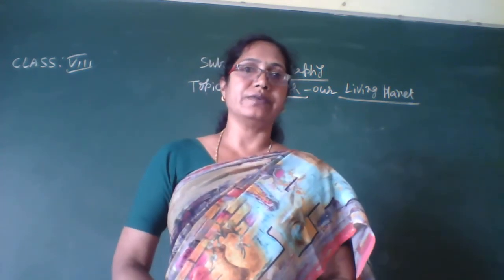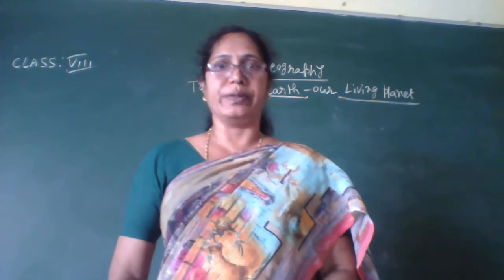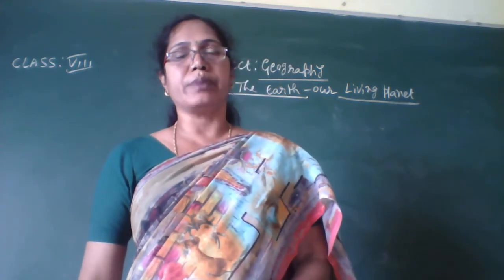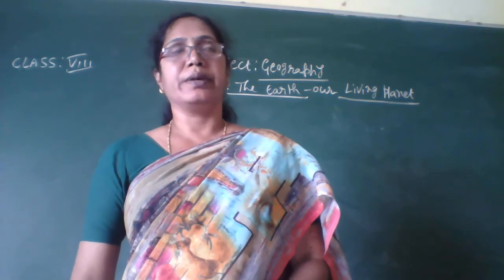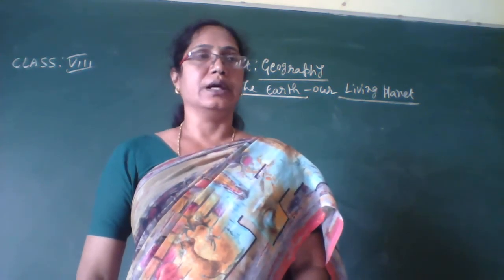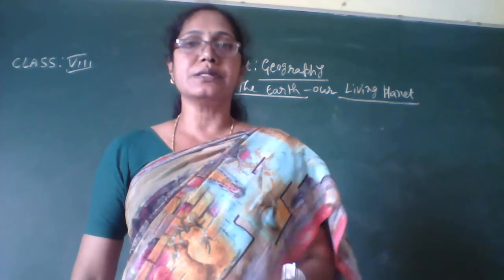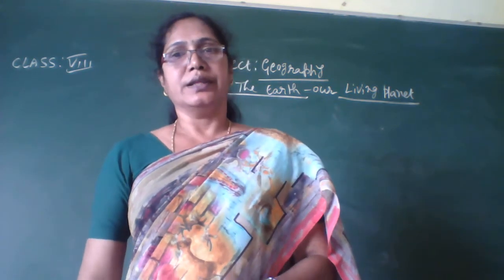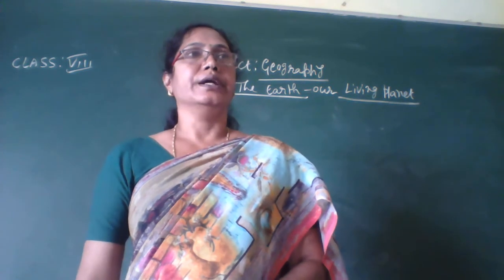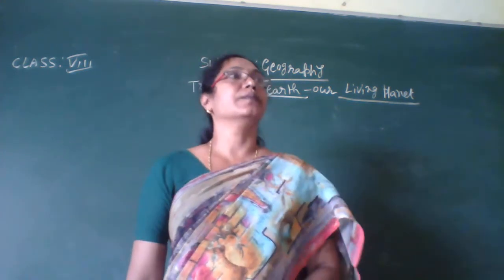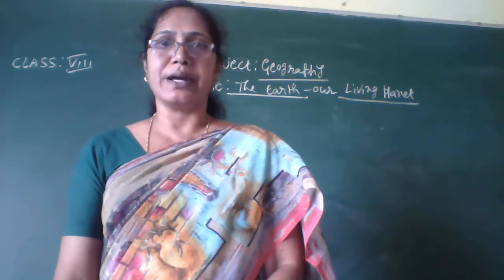In total, it has 510 million square kilometers. The northern hemisphere is known as the land hemisphere, because 60% of it is covered by land. The southern hemisphere is known as the water hemisphere, because 81% of it is covered by water.